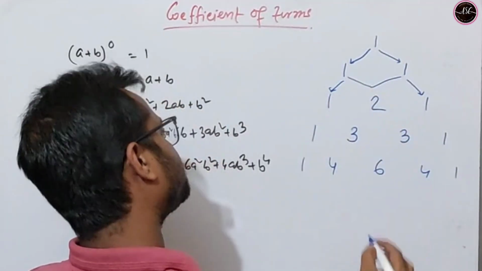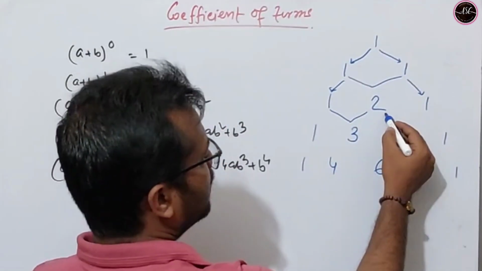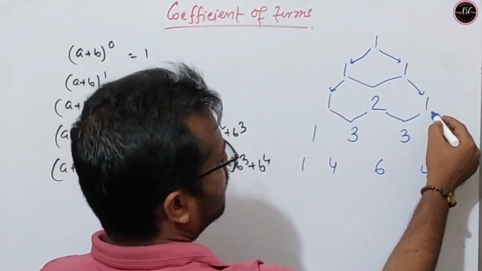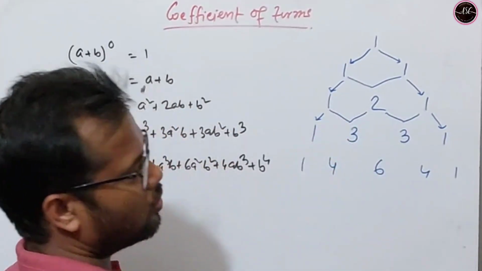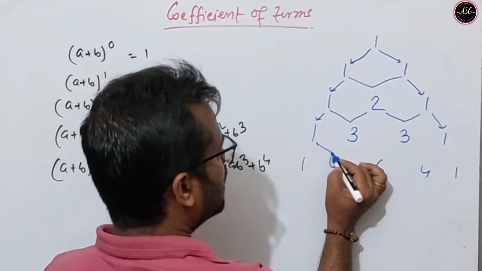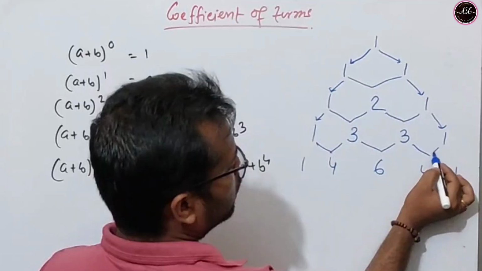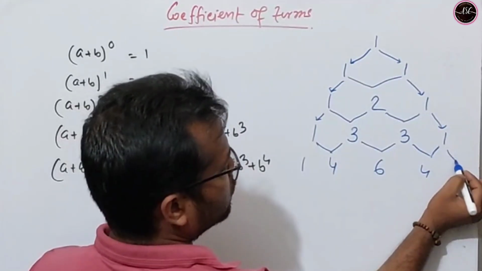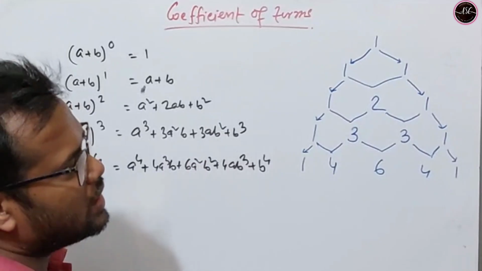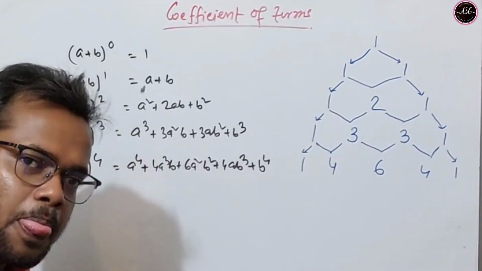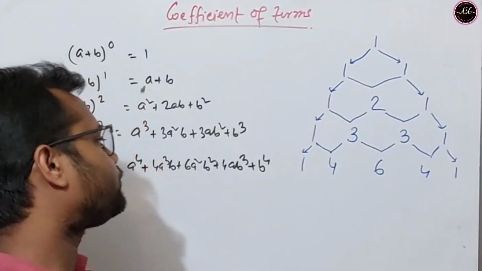Okay, now if we sum 1 and 2 we get 3, and 2 and 1 we get 3, and for this one we get 1 and for this one we get 1. Similarly 3 and 1 is 4, 3 and 3 is 6, 3 and 1 is 4, and for this one 1 and for this one 1. So obviously all these expansions follow a pattern.